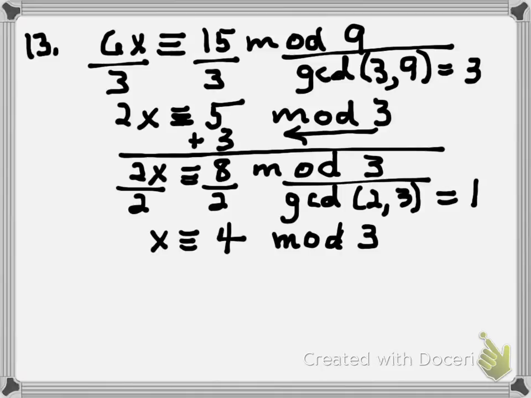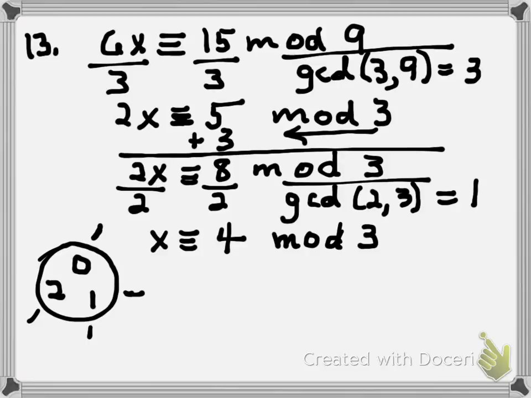Now in mod 3, or clock arithmetic, I have remainders 0, 1, and 2. 4 is not a remainder. So I can go around the clock 0, 1, 2, 3, 4, or I can subtract: 4 minus 3, I'm going to get 1.